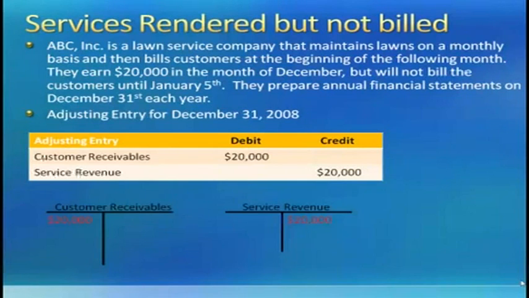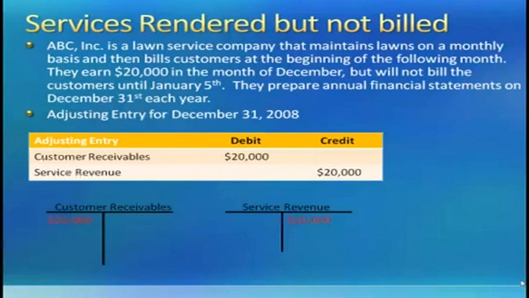But when you get to the end of a reporting period, if you don't record this adjusting entry of $20,000 for service revenue, presumably you're going to be recording some expenses throughout December. So if you pay your lawn crew on a weekly basis, they're going to be accruing salary expenses throughout the month of December, and it's going to look like you have no revenue being generated by those expenses.